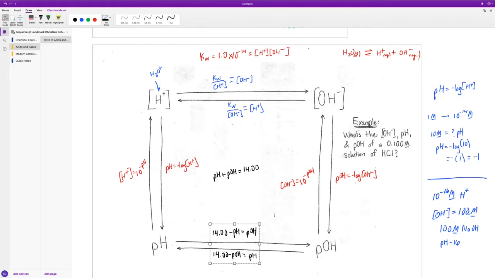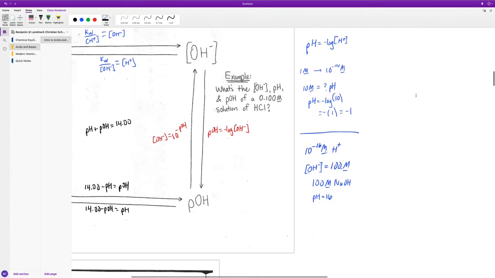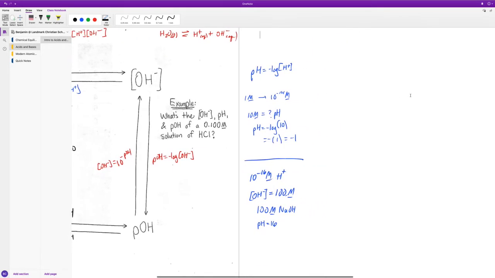Okay, so with that, let's do a little practice problem. What's the OH minus concentration, pH, and the pOH of a 0.1 molar solution of HCl? Almost similar to a problem from yesterday's assignment. What's the pH? Well, let's start off with this fact right here. It's 0.1 molar HCl. Now HCl, hopefully you remember, is a strong acid.